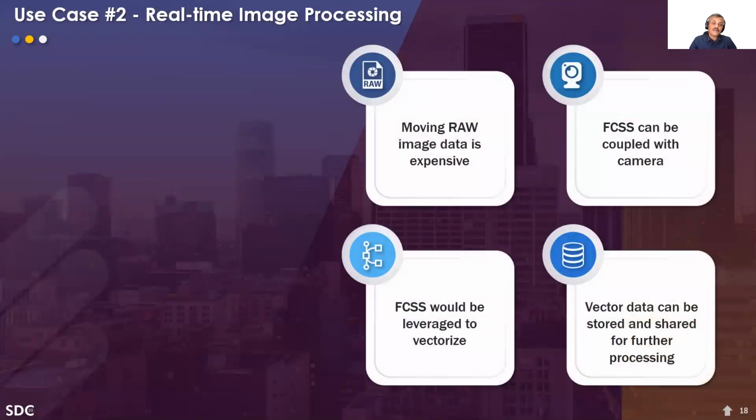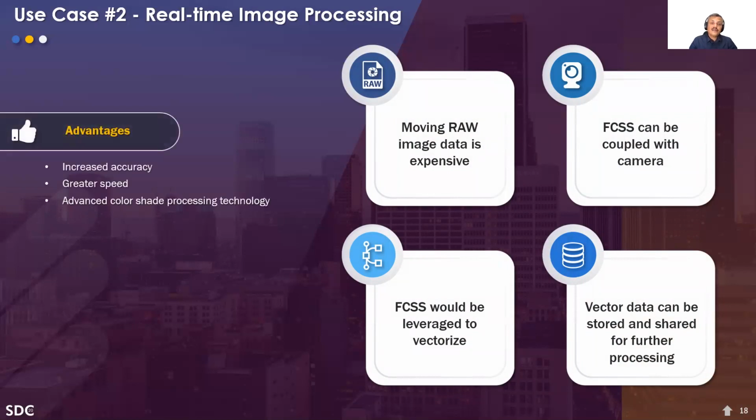In the next use case, let's talk about real-time processing. Now, in real-time image processing, we have a camera and a server, and the challenge is if I try to take the raw image from the camera and move it to the server for processing, I will never be able to achieve it in real time, because the raw image itself is big and the bandwidth required will be high.